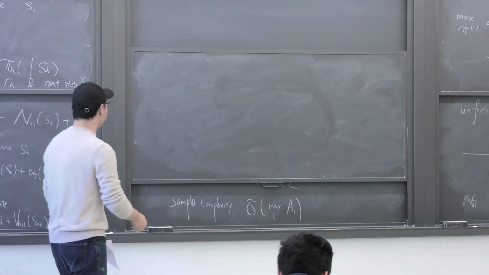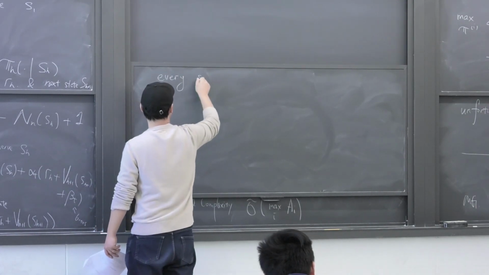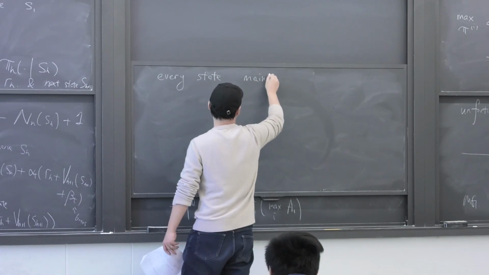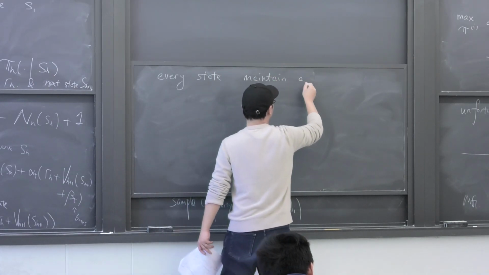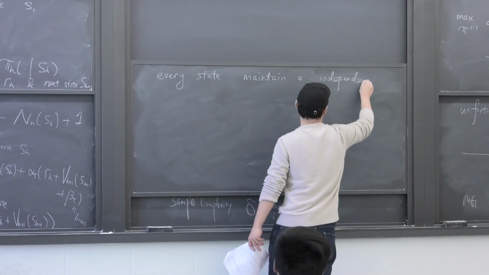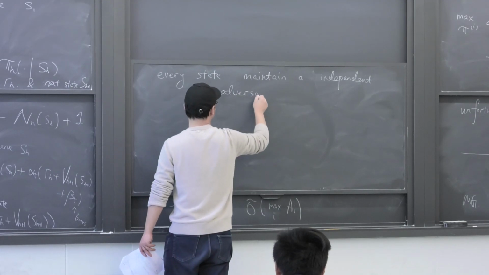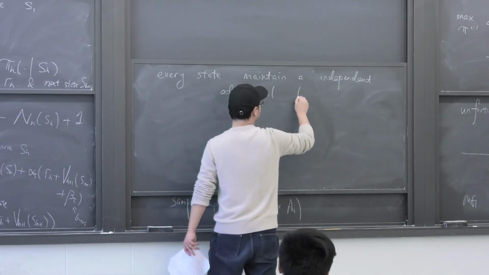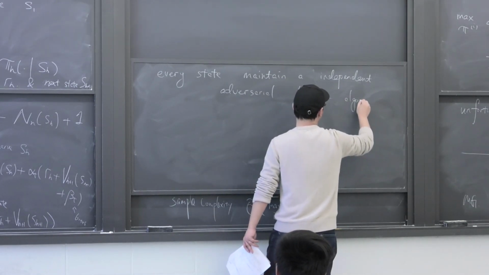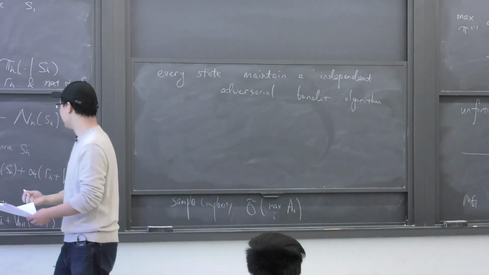And we say for every state, maintain an independent adversarial bandit algorithm. Notice every state will run its own instance of, for example, the EXP3 algorithm.